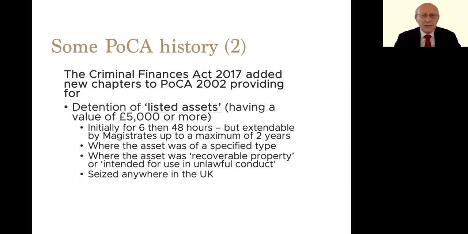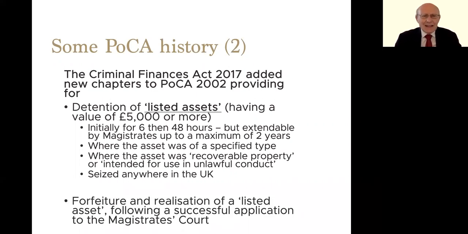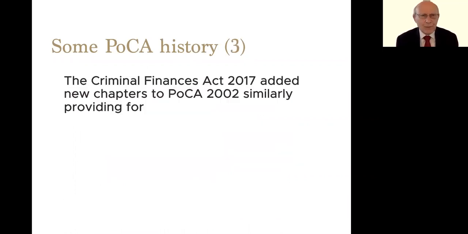And again, it could be seized anywhere in the UK. And again, a listed asset having been detained could be forfeit and realised following a successful application to the magistrate's court. So you can see how the listed assets regime follows on from the cash detention regime.